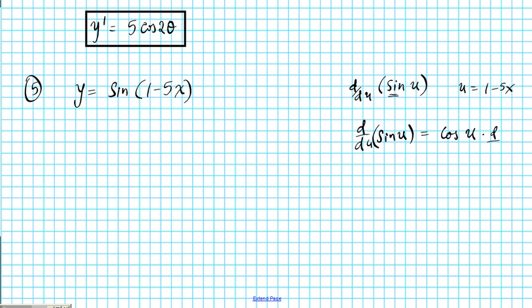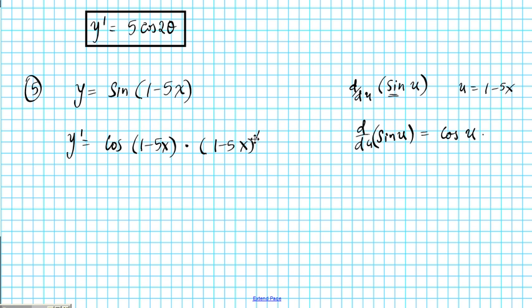So y prime is going to be cosine u, but u is 1 minus 5x. That's for the outer function, times the derivative of the inner function, which is 1 minus 5x, so (1 minus 5x) prime.